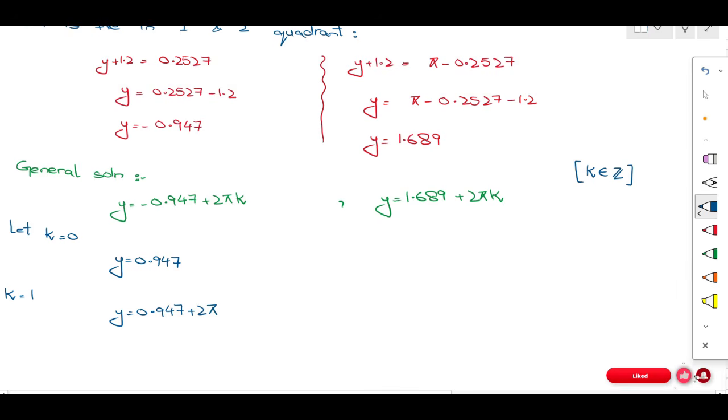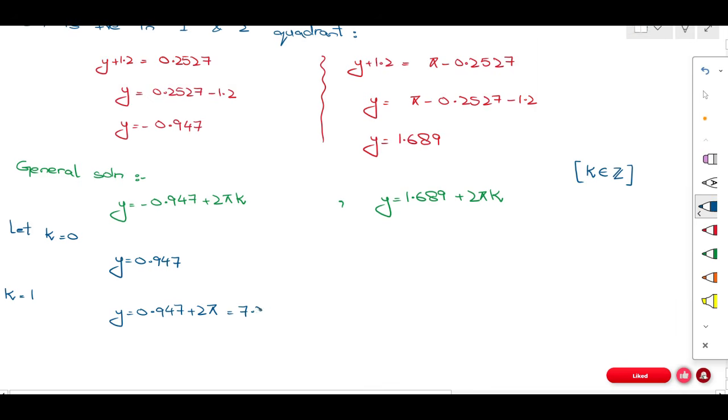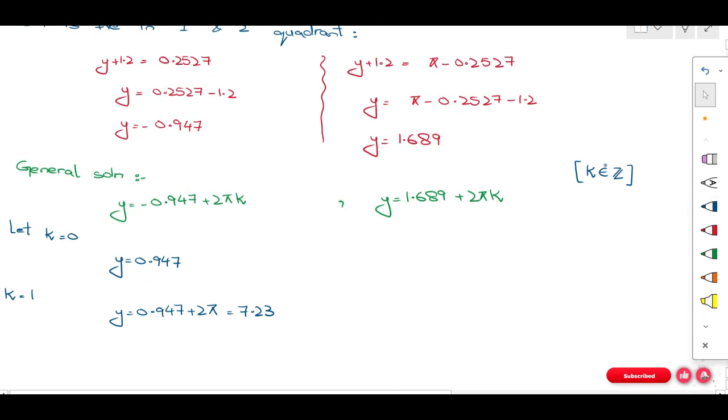Okay, so if I check this, 0.947 plus 2 pi is 7.23, but we have the range from -5 till +2. So this is not in the range.